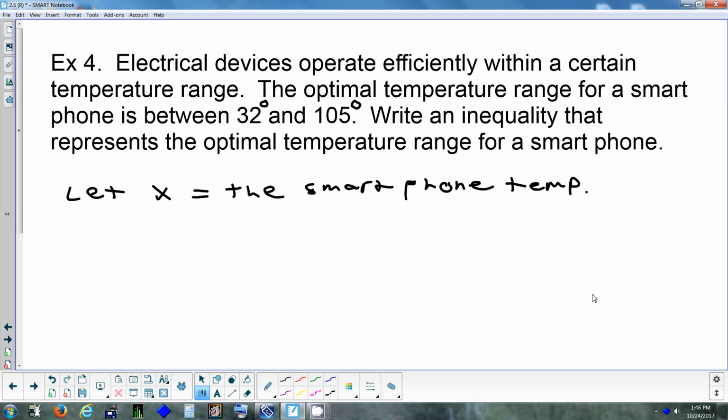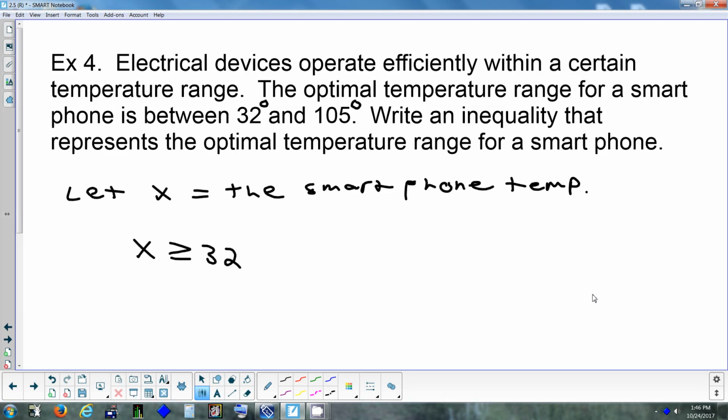So let's start with the first part. We want the temperature what compared to 32? Greater than. We want the temperature above 32, so it needs to be a greater sign. Greater than? Well, can it equal? Yes, it says between, so we'll assume it could equal. And now what word?